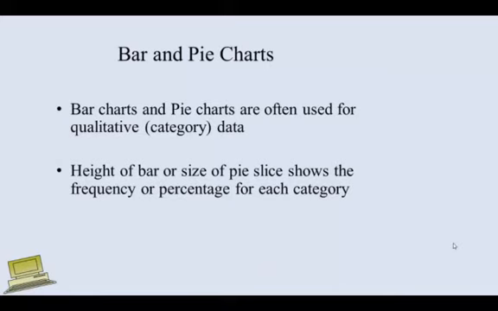The bar chart and pie chart are often used for qualitative or categorical data. The height of the bars or the size of the pie shows the frequency or percentage for each category.